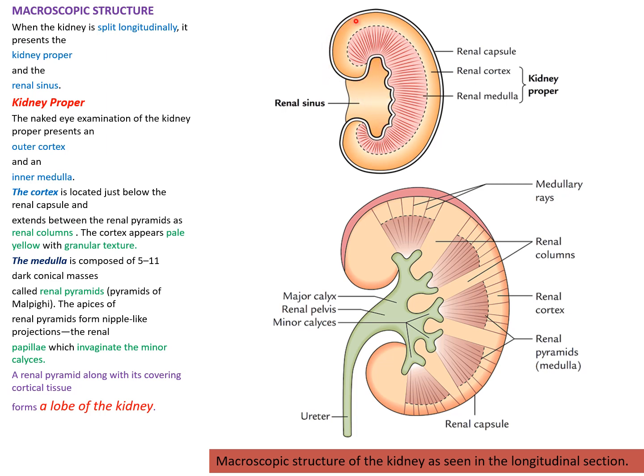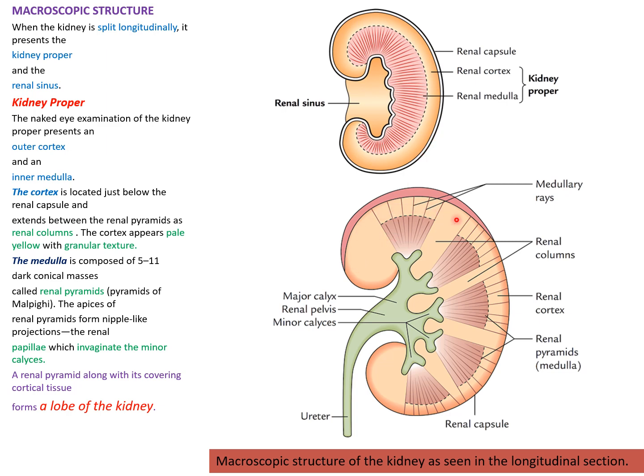The kidney proper in turn can be divided into cortex. This is the cortex and this is the medulla. The cortex is the area of the kidney proper which lies just beneath the renal capsule. Beneath the renal capsule immediately is the renal cortex.